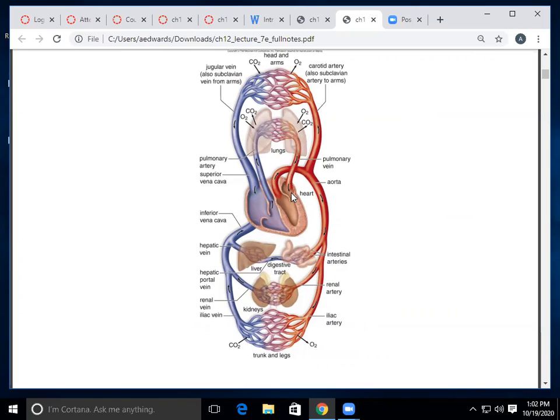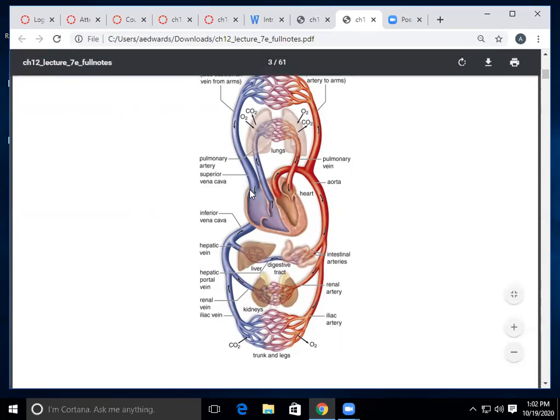Blood's going to go back to the heart on the patient's left side, and then get pumped to the upper portion of the body and the lower portion of the body. And blood's going to return back to the heart via these veins, go to the right side of the heart. So it's keeping oxygenated and deoxygenated blood separate.